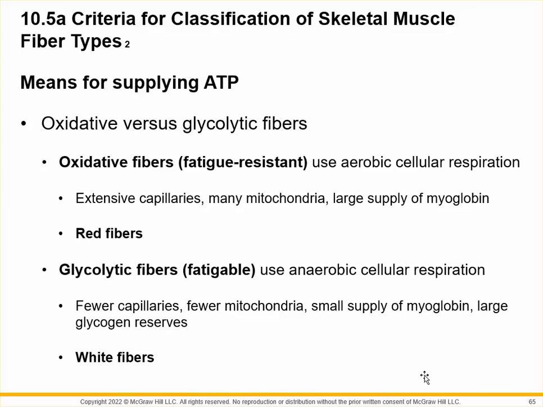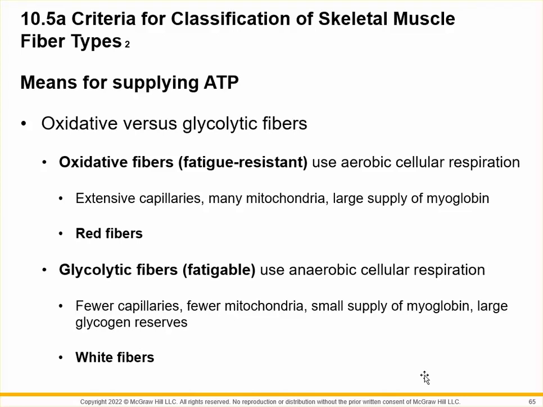So their legs have to have these fatigue-resistant oxidative fibers as the predominant fiber in each muscle. Lots of capillaries, lots of mitochondria, lots of myoglobin, so the meat is dark, fatigue resistant.